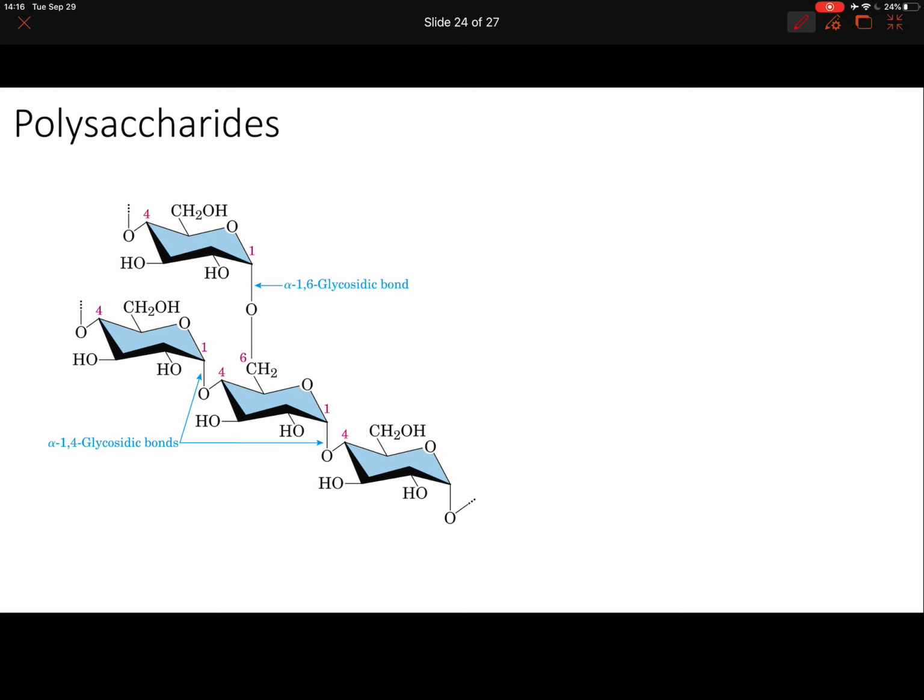Starch is a polymer of D-glucose. And this right here is an example of starch. Starch can be separated into 2 kinds of categories. We have amylose and amylopectin. Now, amylose is composed of unbranched chains up to about 4,000 D-glucoses long, all linked by alpha 1,4 bonds.